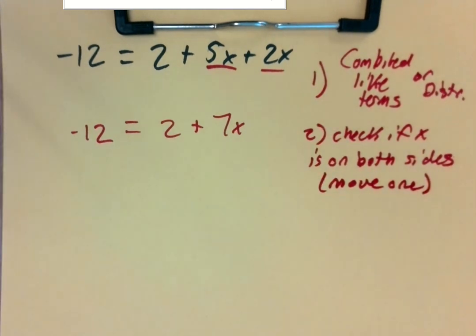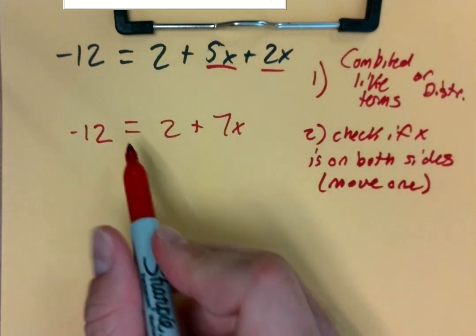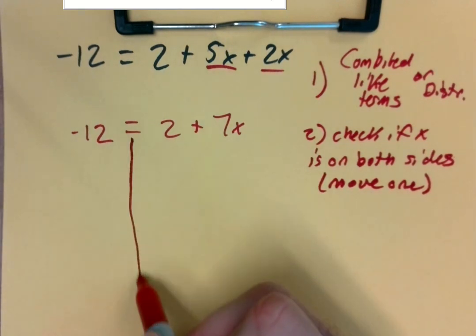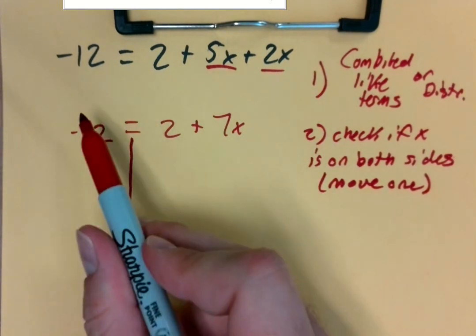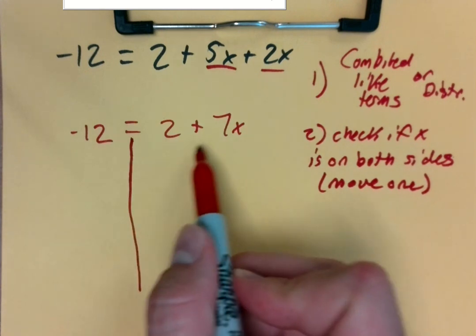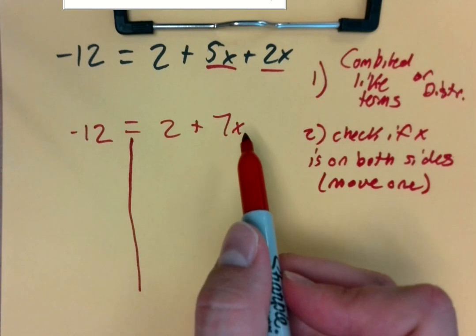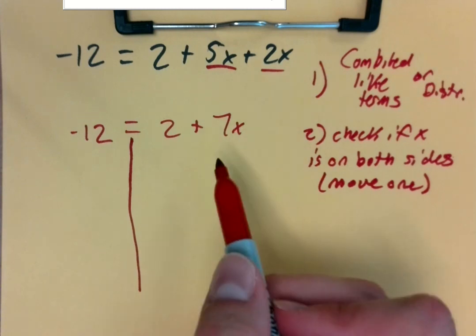Okay. Now in this case, we only have an x on the right side. So when I say both sides, let me make sure you understand what I mean by that. So this equal sign sort of separates both sides of the equation. Over here I just have -12, and over here I have 2 plus 7x. So the only place the x is on the right side. So I do not have an x on both sides.